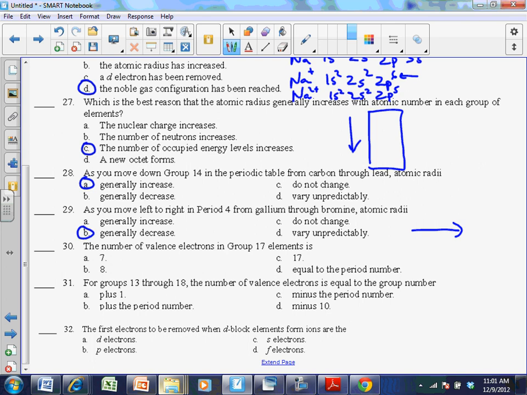And then the valence electrons: group 17 has 7 valence electrons. And for groups 13 through 18, the number of valence electrons is equal to the group number minus 10. So group 17 has 7, group 16 has 6 valence electrons.